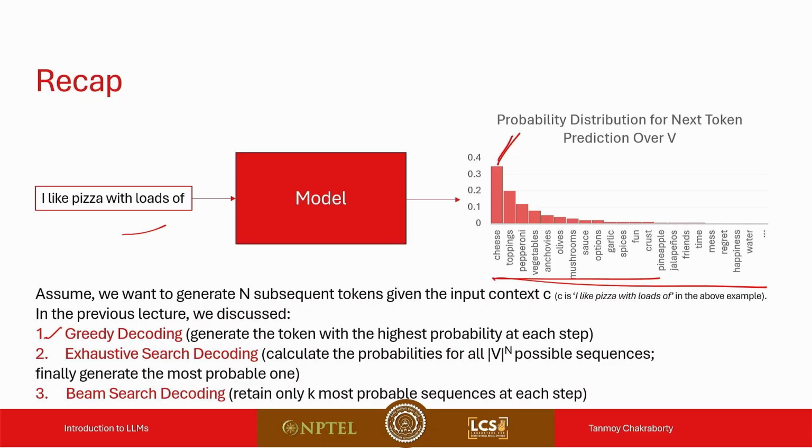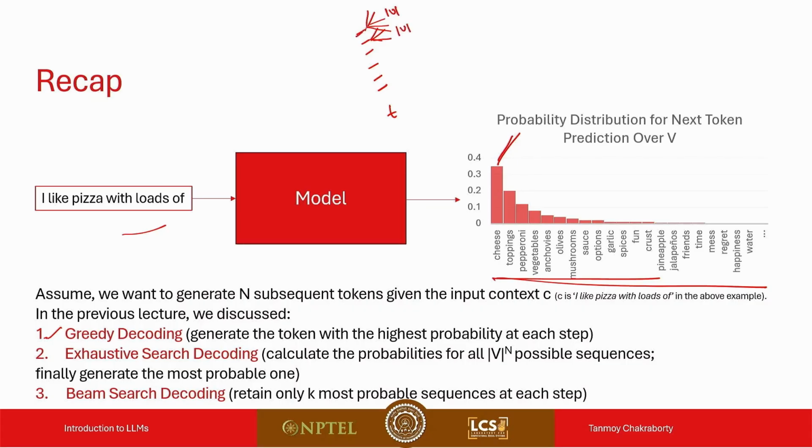For exhaustive decoding, at the t-th time you produce all possible words that can come here, meaning the vocabulary words, and for every vocabulary word you see what would be the next vocabulary word. Again, a branch of size |V|.